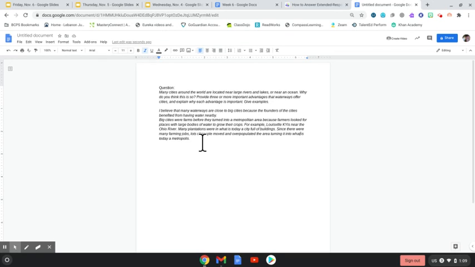So if I wanted to have a 4, which I would if I was you, I would write another example of why the water is close to big cities. Well, I can also type and say people who look to build housing wanted to make sure that water was available for their homes.